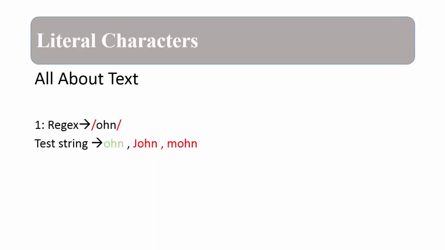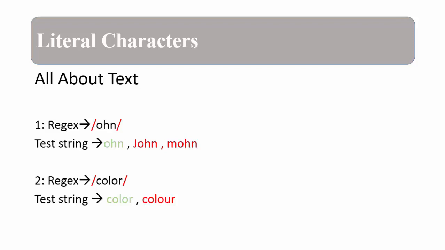And also if you have some regex like color, then this regex will only match with the test string of color, exactly color, highlighted in green. It will not match with colour.